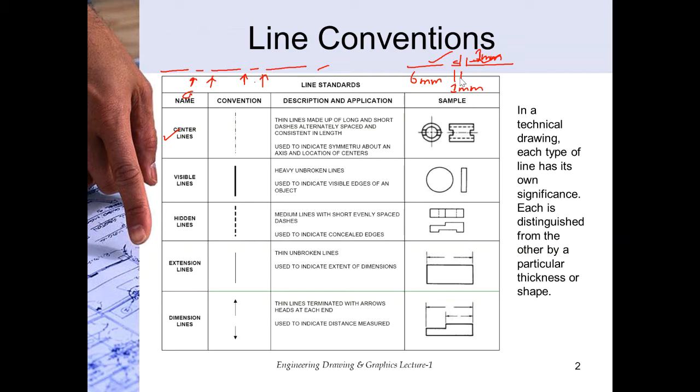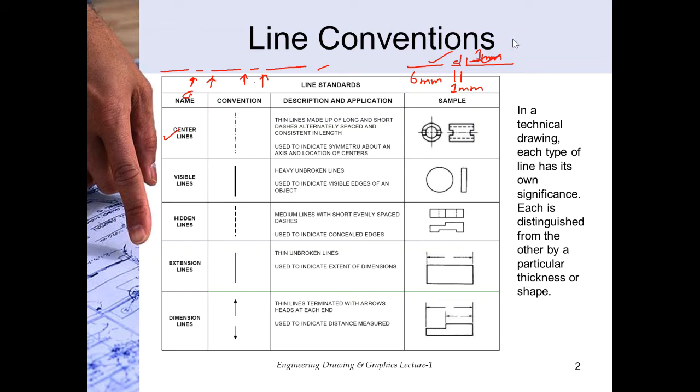You can also use other dimensions, but you have to make sure that all your long dashes are equal to each other, all your small dashes are equal, and the spaces between the long and small dashes are equal throughout the center line. One more important thing about the center line is that they always intersect on short dashes.